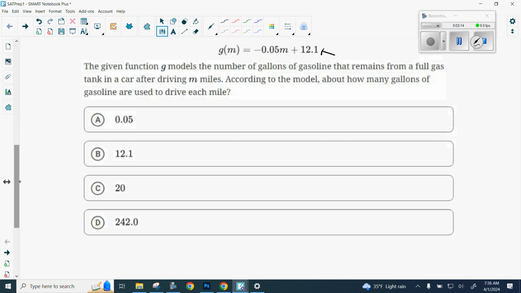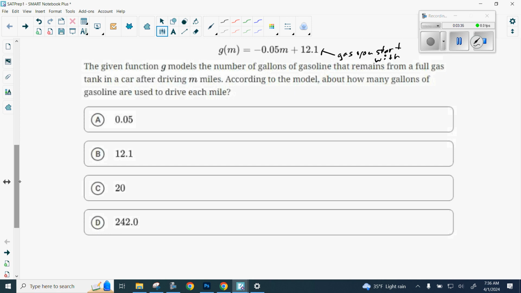So this represents the gas you start with. Really bad handwriting. Okay, anyways. That's what your y-intercept is, right? It's your initial value.